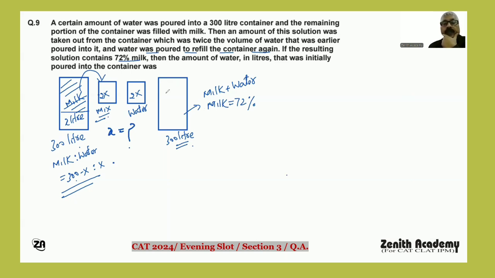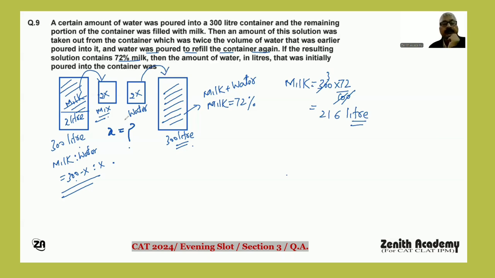So look here, finally this mixture has 72% milk. So the quantity of milk is 300 into 72 by 100, which is 216 liters. Now see, earlier it is a mixture of milk and water, 300 liters. You took out 2x liters of mixture and replaced it with water.